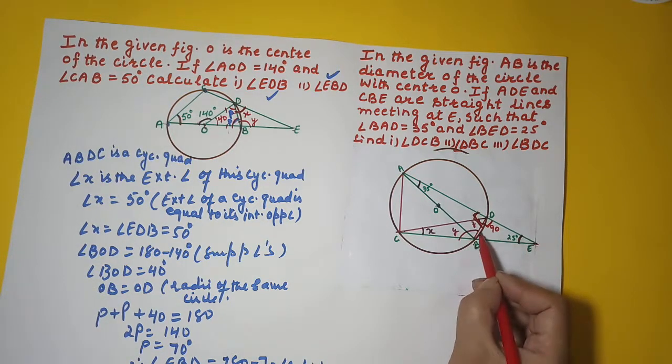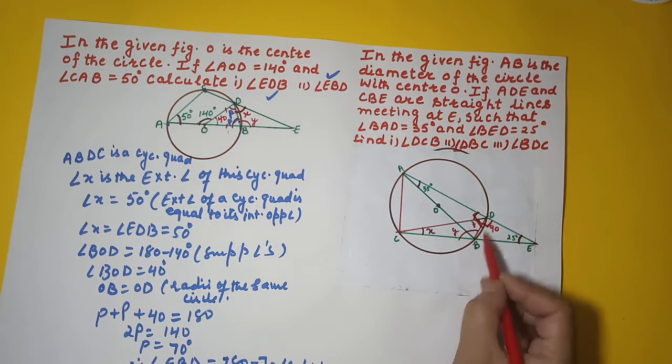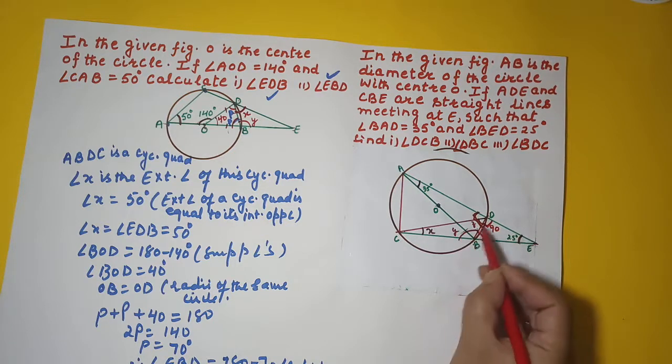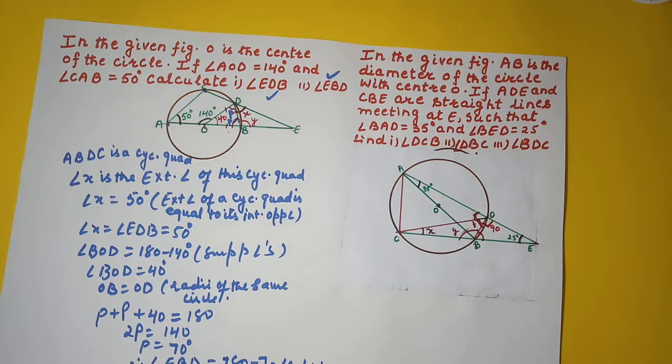From that we can find this angle, because if we take into consideration this triangle DBE, this is 25, this is 90, we can calculate this angle. Fine. So whatever is this angle, 180 minus that will give us angle DBC, that is this part, right?